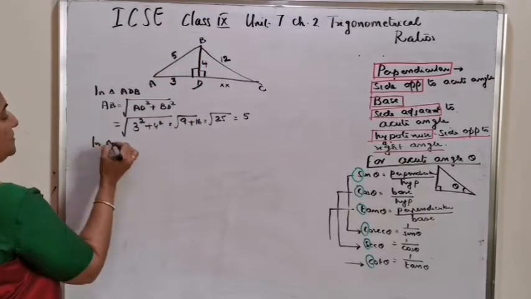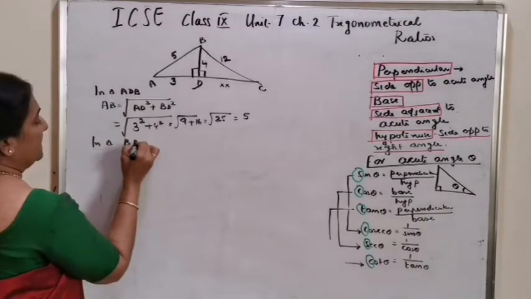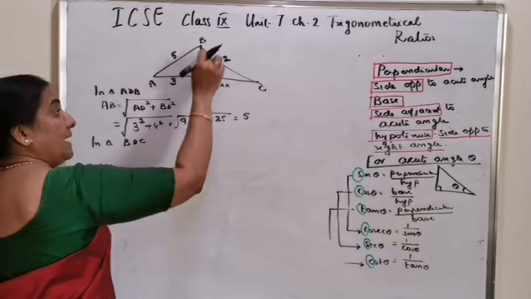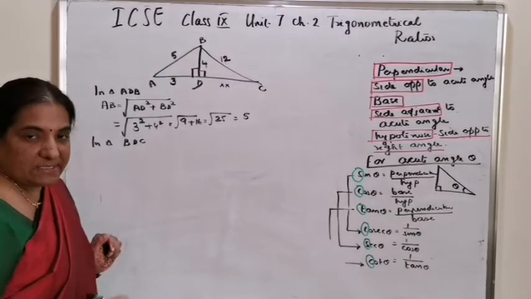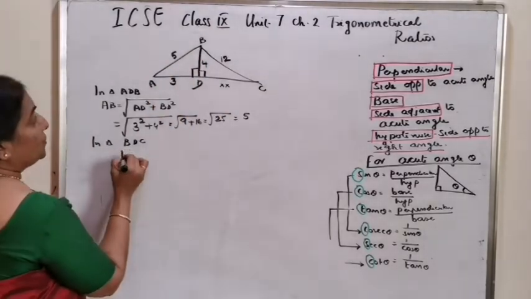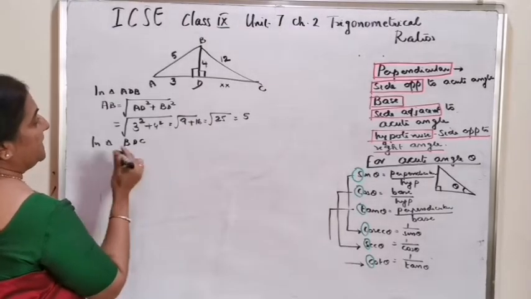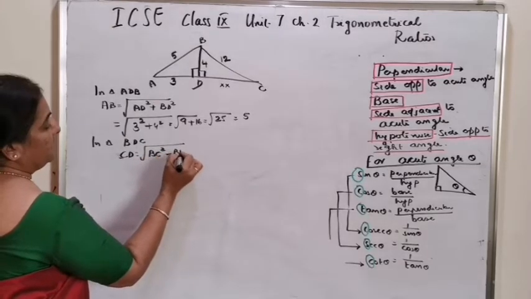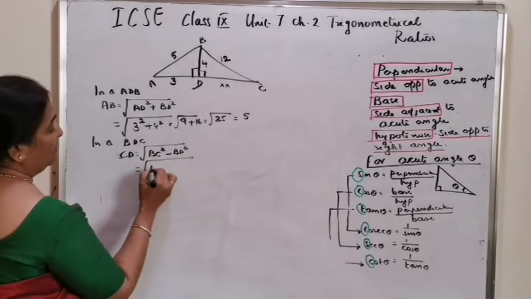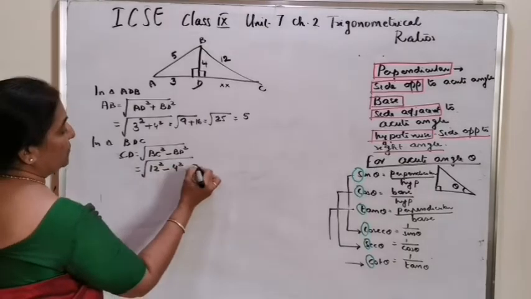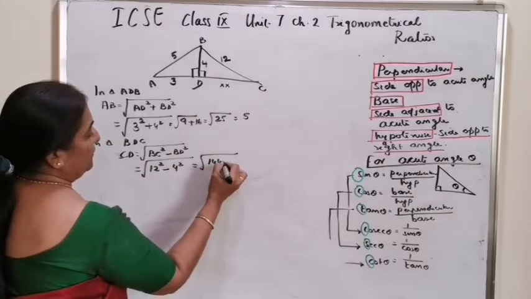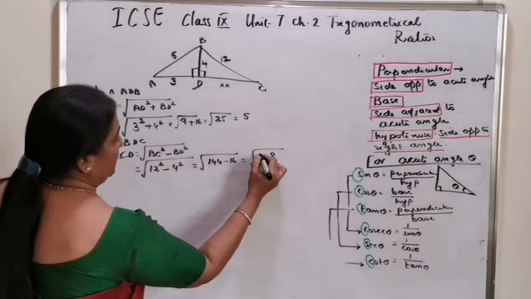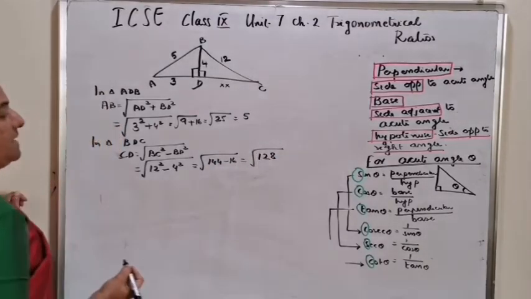Similarly, in triangle BDC, the CD measure has to be found out. Opposite angle D is BC, so BC is the longest side, that is the hypotenuse. So CD is equal to square root of BC square minus BD square, square root of 12 square minus 4 square, square root of 144 minus 16, square root of 128.